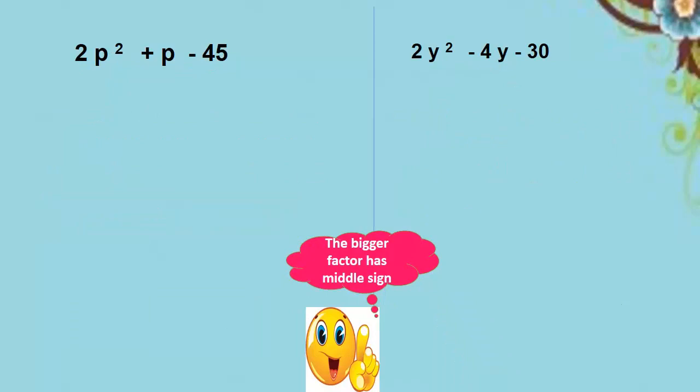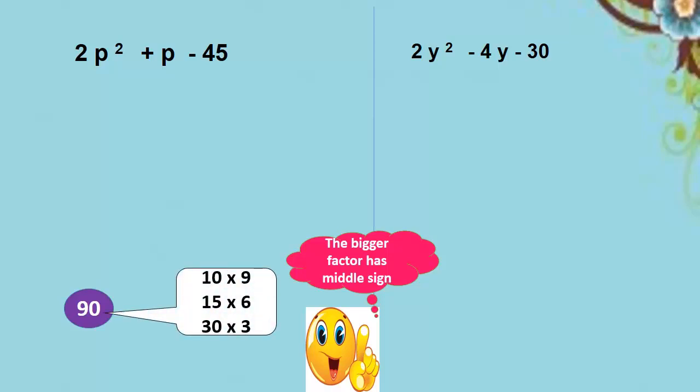Now 2p square plus p minus 45. Here it is ax square plus bx plus c. So multiply 2 into 45, 90. Find all the possible pairs. Now as it is minus 45, out of these two factors, one should be positive, one should be negative. But remember it is plus p, so the bigger factor has the positive sign.